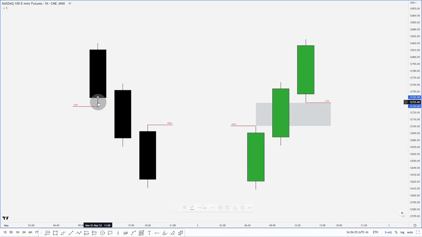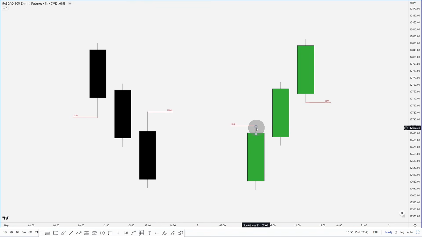So now that you understand what a fair value gap looks like, what doesn't it look like? If we were to extend this candle's low down to here, and this candle's high up to here, let's drag the high and low across and see if there is a gap. When dragging the high and low across, you can see that they overlap. The low from the first candle is lower than the high of this third candle, so there's no gap there, and this is not a fair value gap.